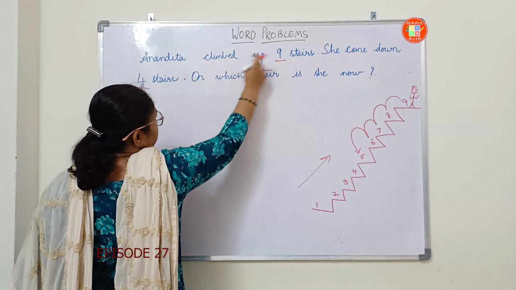She is on the 5th stair. We know from the diagram, but we have to write the steps or the statements. So the answer is 5. On which stair is she now?